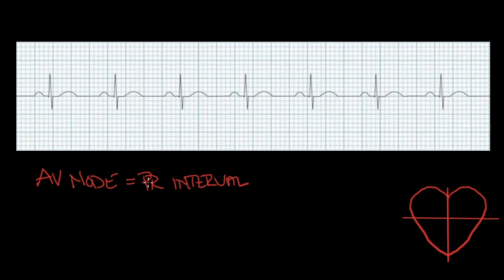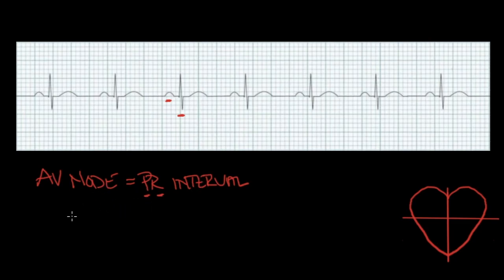So when I look at the PR interval, first I want to identify that I actually have a PR interval, or I have a P before my QRS or my R waves. So I have atrial firing prior to my ventricle firing, which I do.